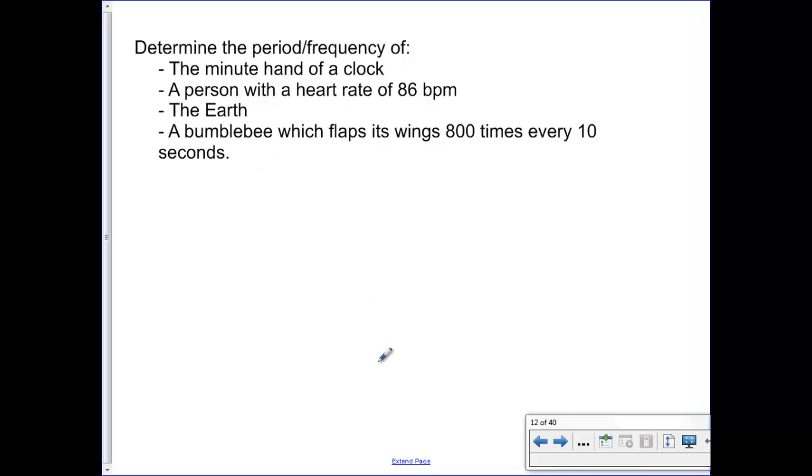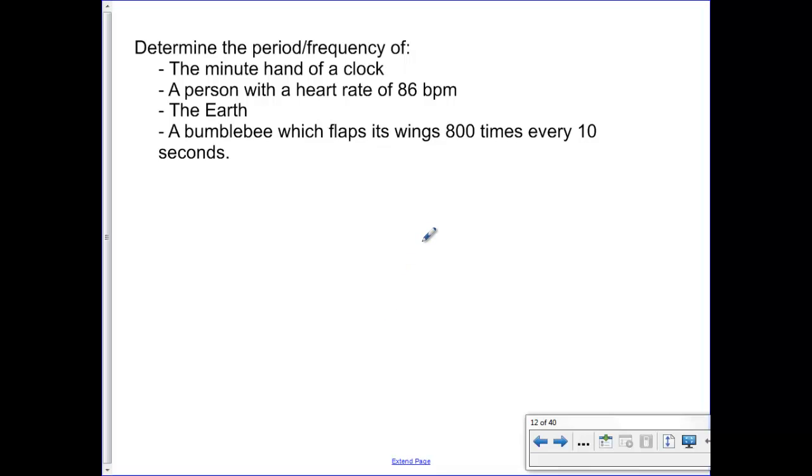One more example, then we'll call it a day. Let's look for the period and frequency of these, hopefully fairly everyday life examples. So first, what's the period and frequency of a minute hand of a clock? Does the minute hand of a clock have any sort of pattern to it? It goes around in a circle. So how long does it take the minute hand of a clock to get back to where it started? An hour.